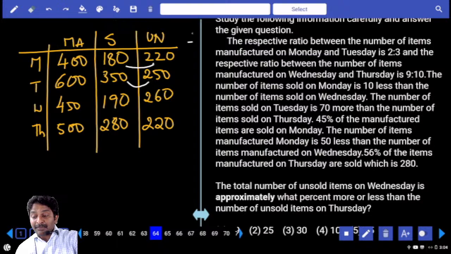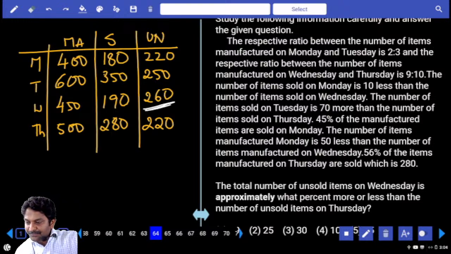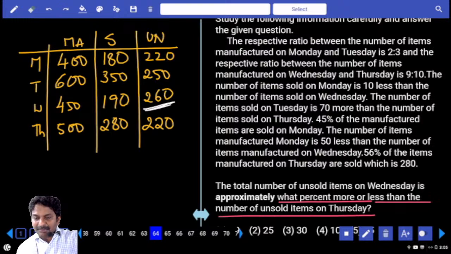What is the total number of unsold items on Wednesday? Unsold on Wednesday, 260, is approximately what percent more or less than unsold items on Thursday? Thursday we have 220. With respect to 220, 260 is definitely more.